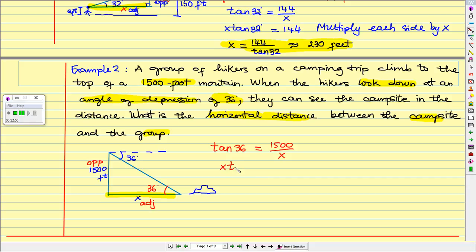Next, we multiply each side by x, so x times tangent of 36 degrees equals 1,500.